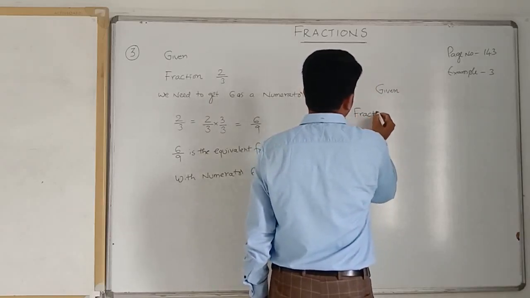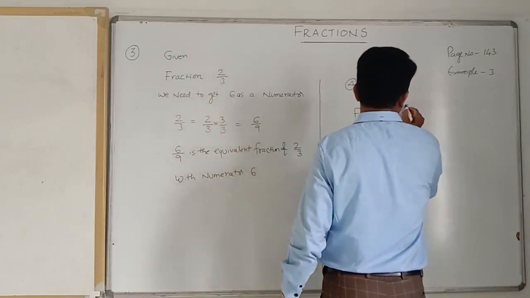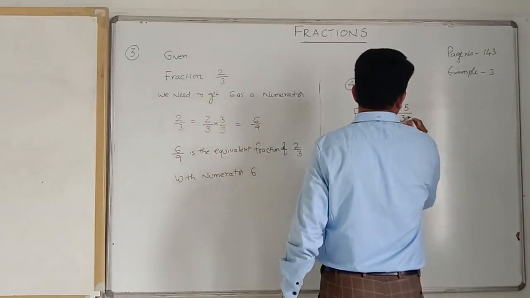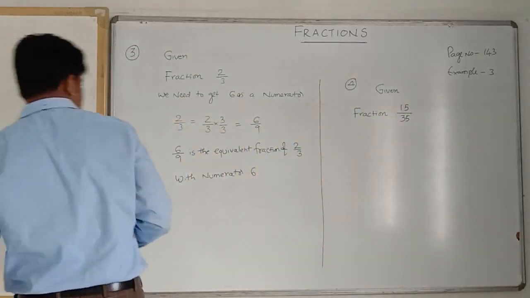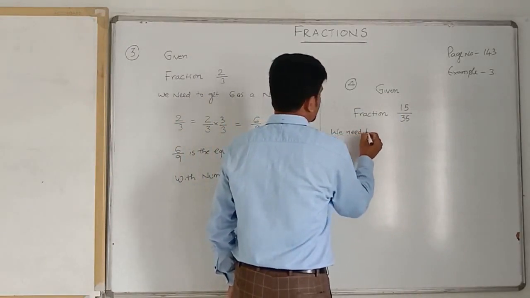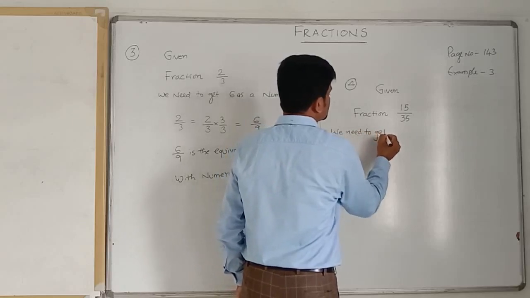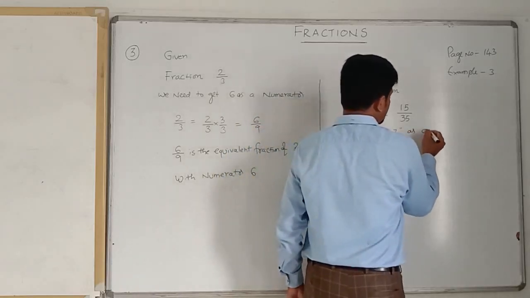What is given? Given fraction is 15 by 35. Here what we need to get? We need to get 7 as denominator.